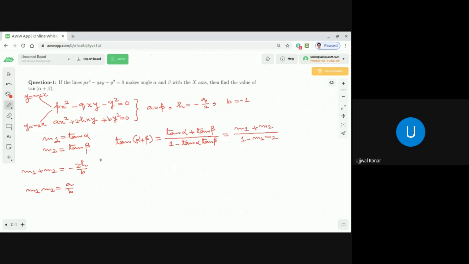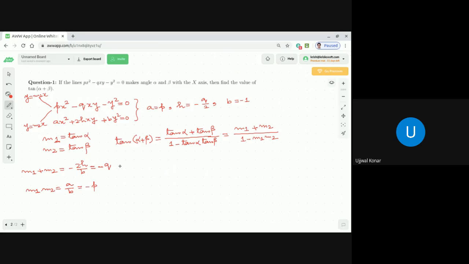So what is minus 2h by b? Minus 2h becomes q by b, so it becomes actually minus q. And M1 into M2 is equal to a by b, that is actually equal to minus b.